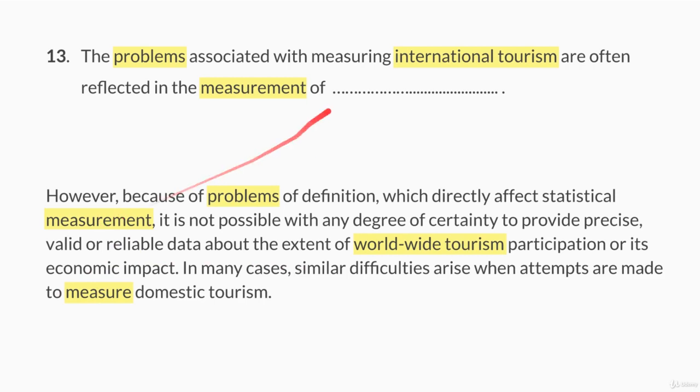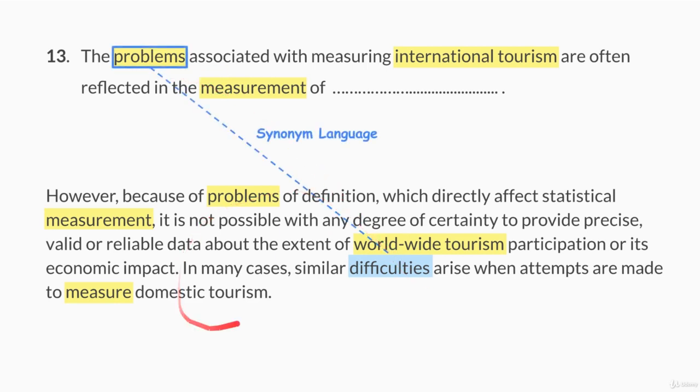I'm not really able to find the surrounding words exactly as they appear or synonyms of these, but what I have been able to find is a synonym for the word problem. So difficulties is a synonym for the word problem. So I'm pretty sure that I'm going to be finding my answer somewhere around here, and it seems that this sentence is going to be my matching sentence.